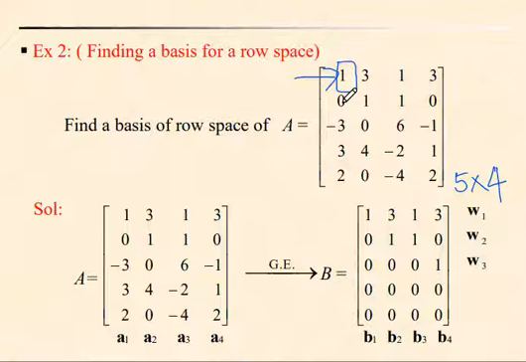You have to vanish these elements using this pivot, right? Do those things, then go to the second row.